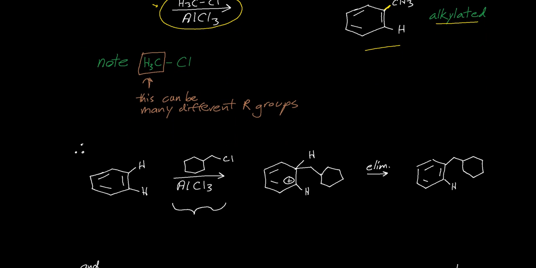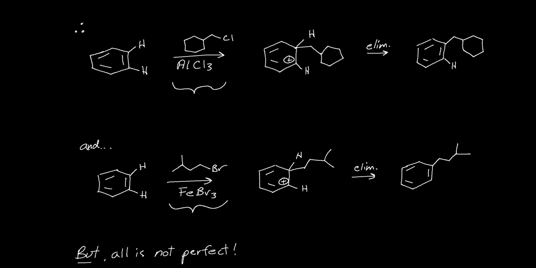Because, if you think about it, that methyl group could be substituted with any number of different R groups, almost an infinite number. So, for example, we have this R group right here, attached to chlorine.